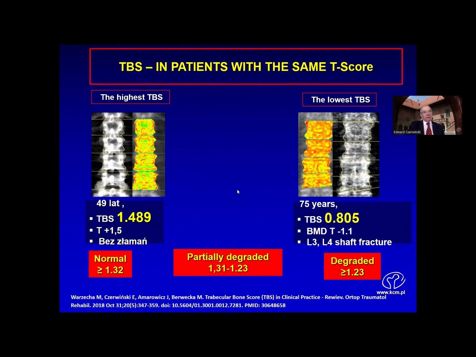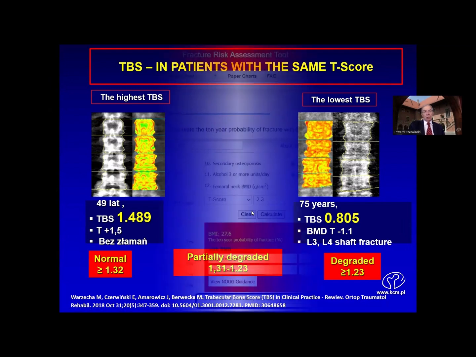Let me remind you, we have 3 categories of TBS: normal, partially degraded, and degraded, less than 1.23. I choose the calculation for a patient who had the best one in my career, 1.48, and the worst one, 0.84.